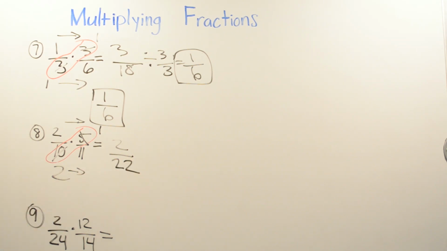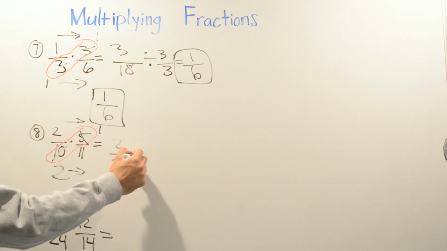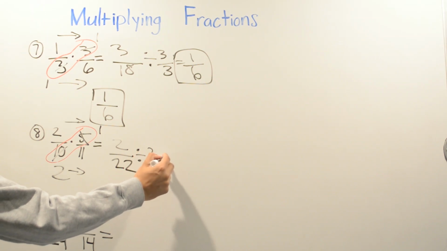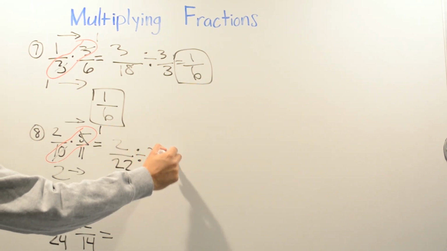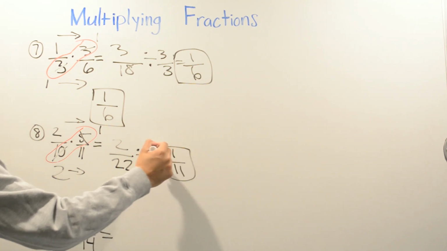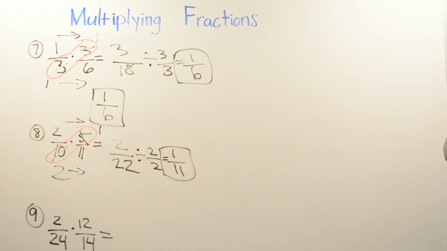Here, as you can see, I have 2 over 22. In this case, you can still simplify, but you made it easier because now you have 2 and 22, and we know right away that the greatest common factor is going to be 2. 2 goes into 2 one time, and then 2 goes into 22 11 times. So our answer is 1 over 11.